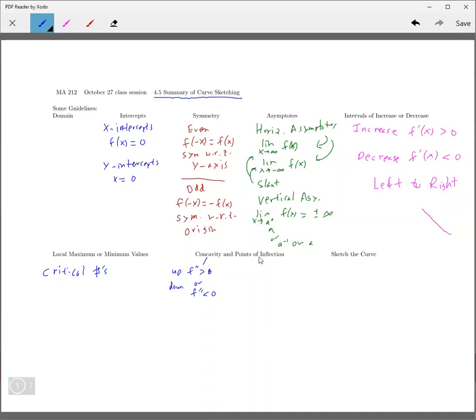Then a point of inflection is where it changes concavity. And then sketch the curve. Those are just a few pointers, and as you go along, you can also check other things, like plotting points.